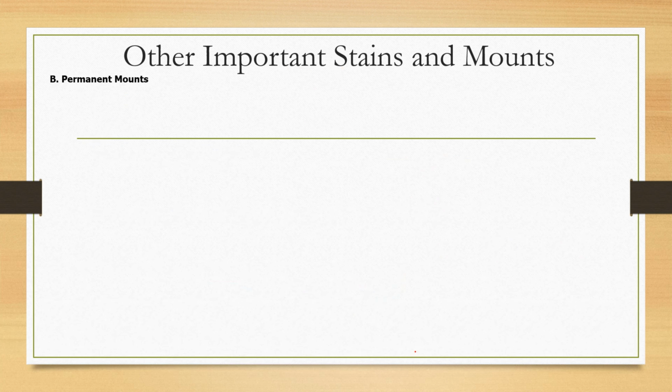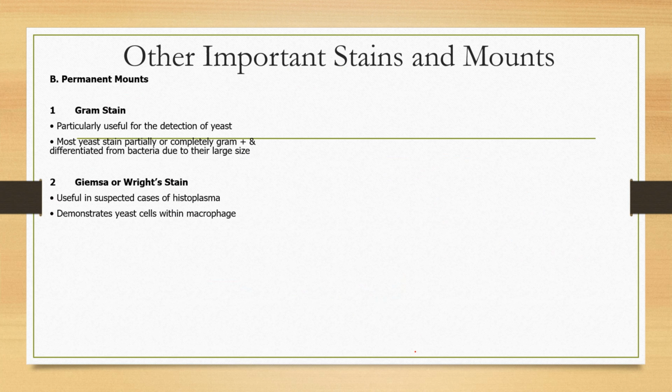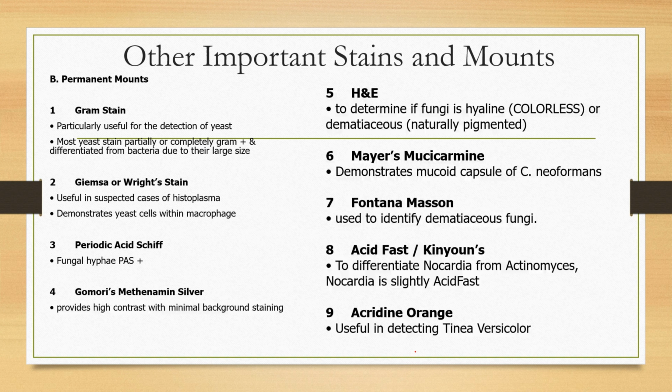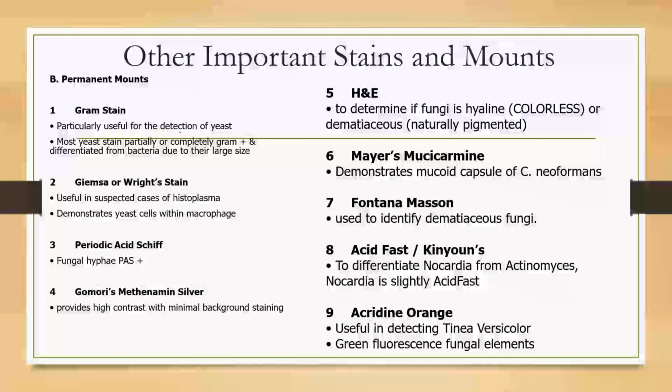Then we also have another type of mount, the permanent mounts. So the first one would be gram stain. So particularly useful for the detection of yeast. Most yeast would stain partially or completely gram positive.